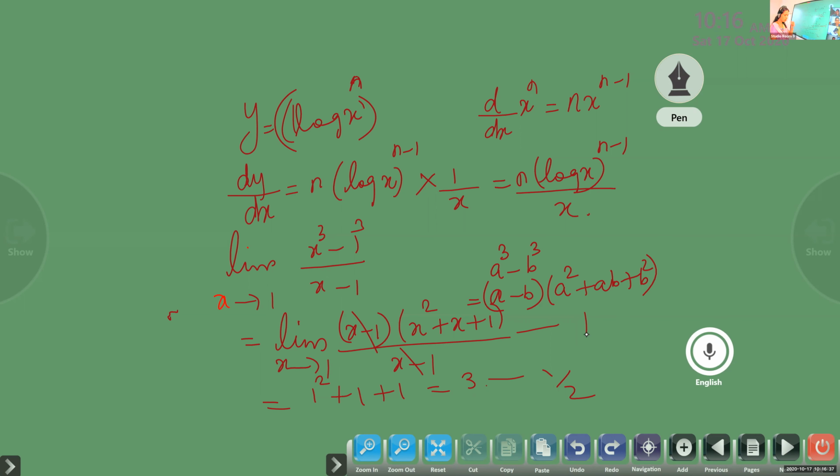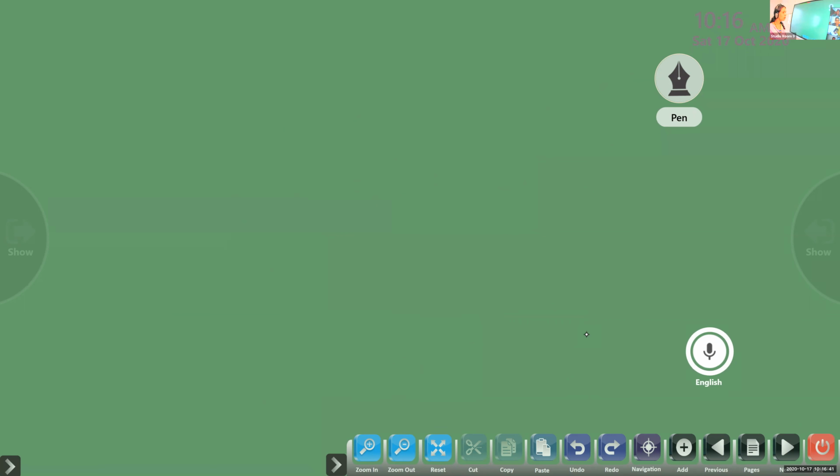Then verify De Morgan's law. De Morgan's law, can you give the law? Dia? What is De Morgan's law? A union B, the whole dash, is A dash intersection B dash. And A intersection B, the whole dash, is A dash union B dash.